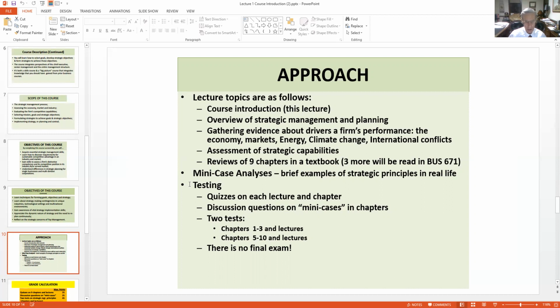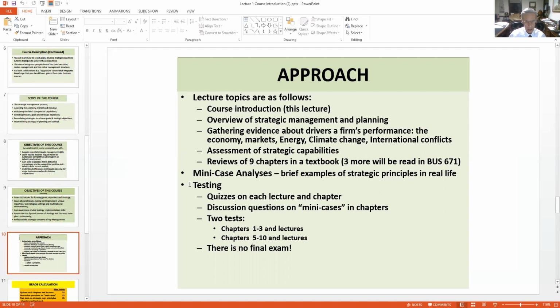So there will be an overview of the strategic management and planning processes, and a discussion or several discussions in those lectures about how to gather evidence regarding external forces that drive a firm's performance: the economy, markets, industry, climate change, international conflict.